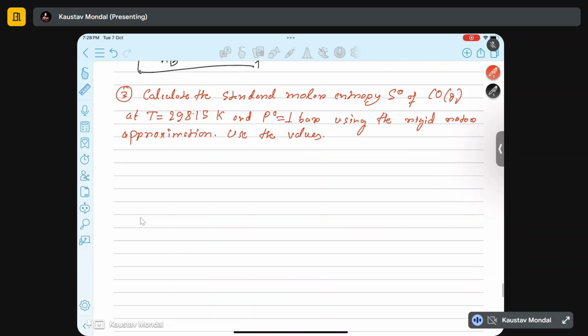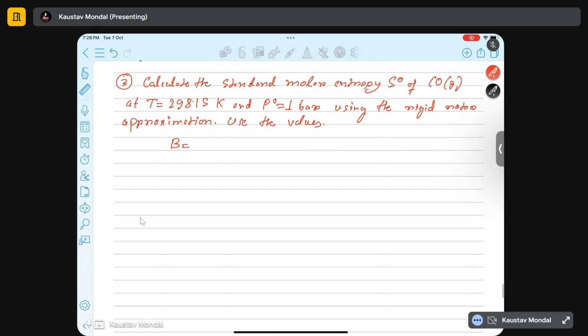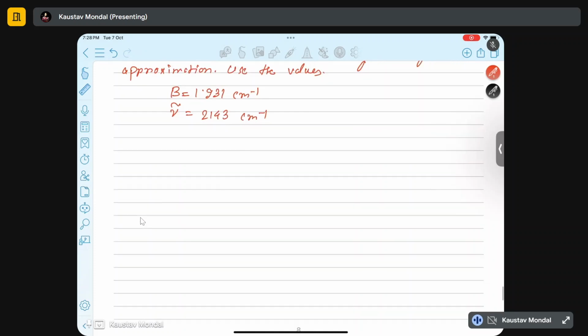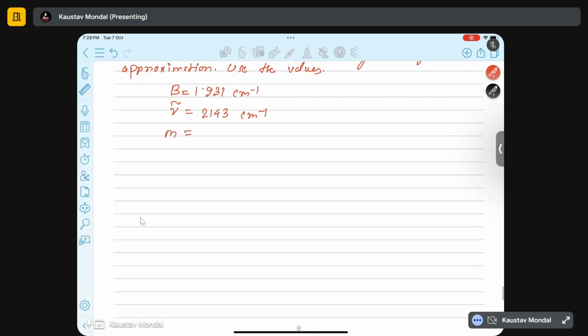The rotational constant B value is given equal to 1.931 centimeter inverse. The vibrational wave number nu tilde is given as 2143 centimeter inverse. The molar mass is given, m equal to 28.01 gram per mole. Okay.